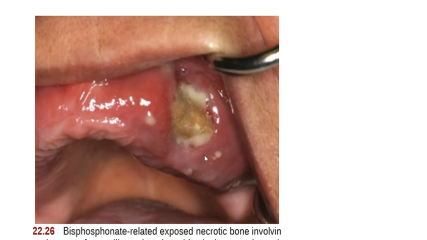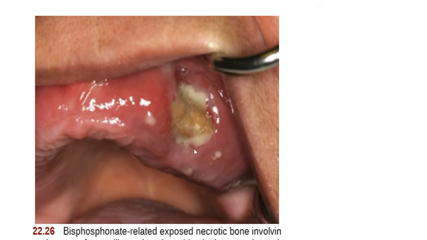In contrast, the inability to heal the lesion because of the necrosis of the underlying jawbone tends to expose the jawbone inside the external part of the oral cavity.